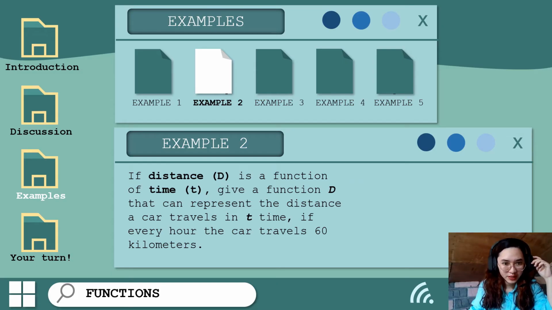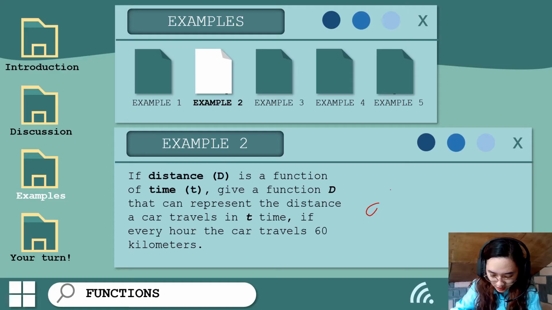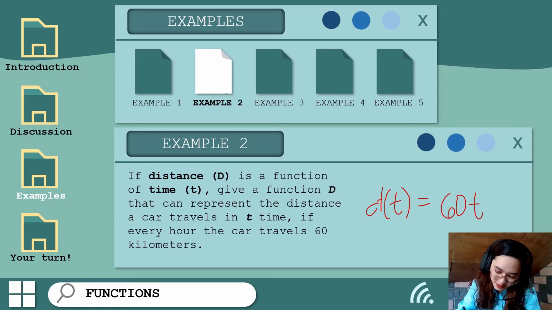Another example. Example number 2. If distance d is a function of time t, give a function d that can represent the distance a car travels in t time, if every hour the car travels 60 kilometers. So since every hour the car travels 60 kilometers, we can compute the distance using a function given by d of t equals 60 times t.